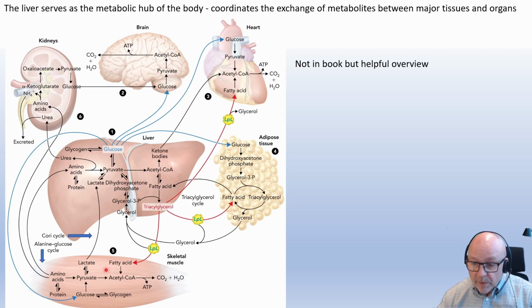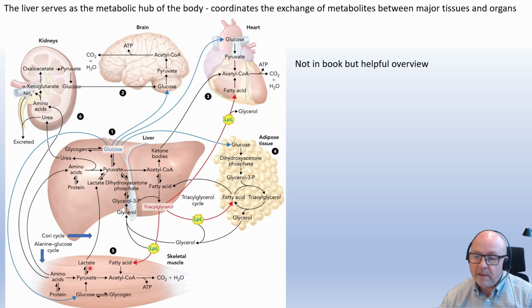We also have the buildup of pyruvate upon glycolysis in the muscle when the muscle is active. And the muscle will convert pyruvate to lactate under anaerobic conditions. And this will be a problem.